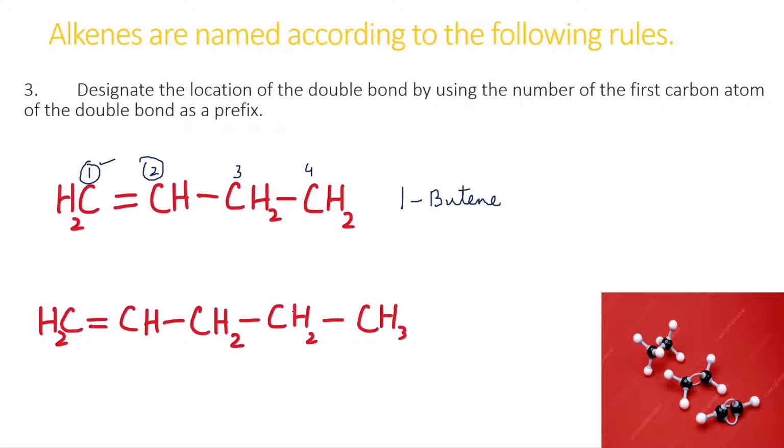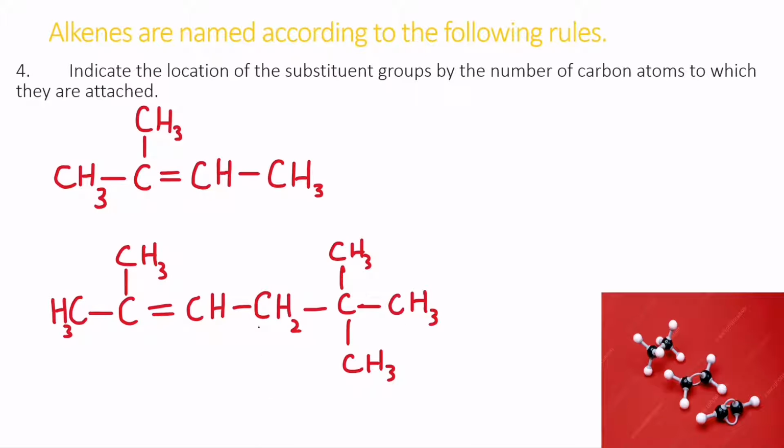And over here I'll again number from the left hand side, and the double bond is again present between 1 and 2, so I will select 1 and its name would become 1-pentene because it's a chain with 5 carbons.